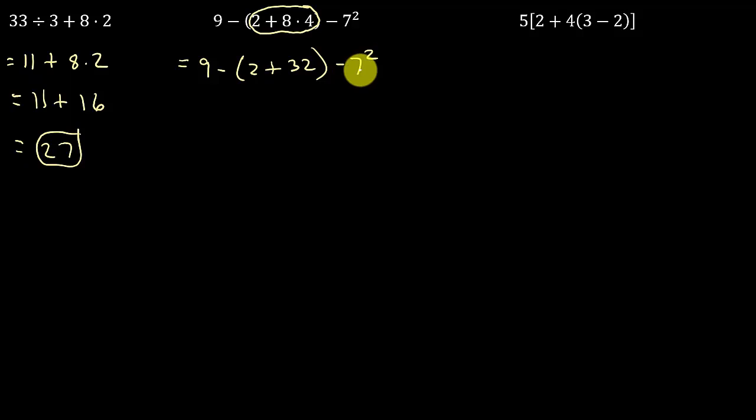I'm just doing it one step at a time. All right, so I'm still inside the parentheses because I can still simplify this. So this is going to be 9 minus, and then 2 plus 32 is 34, minus 7 squared. All right. So I've worked inside the parentheses.